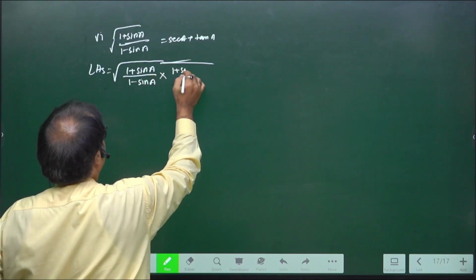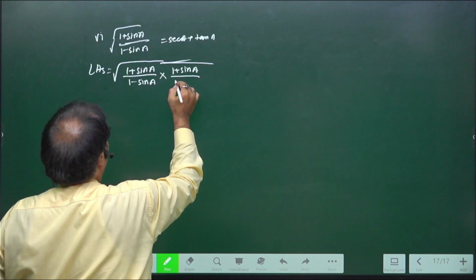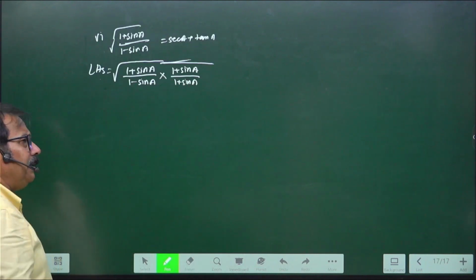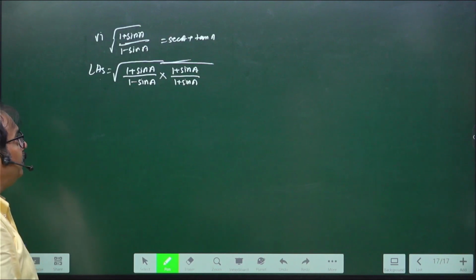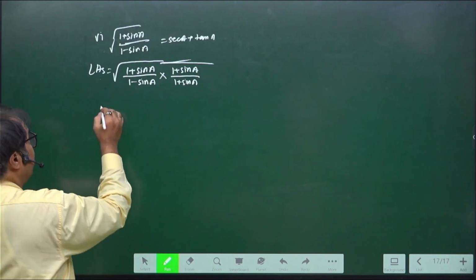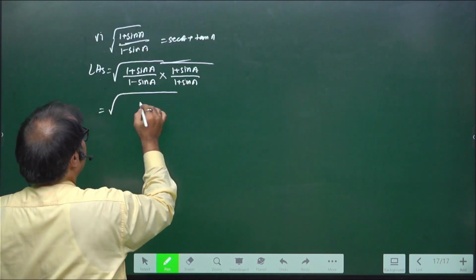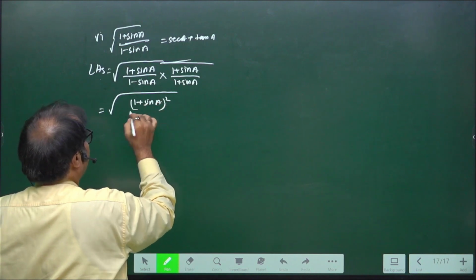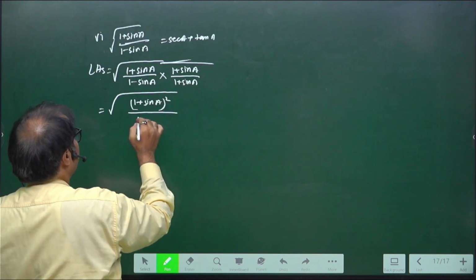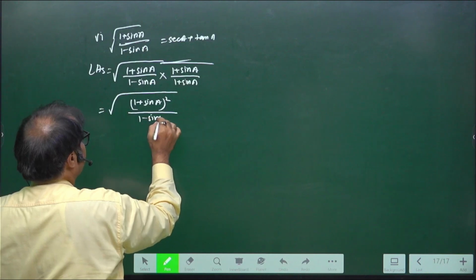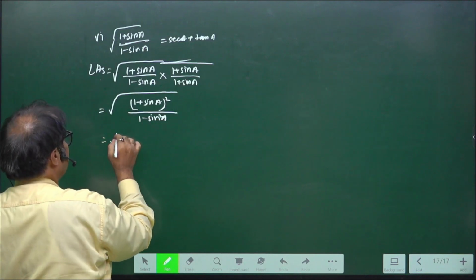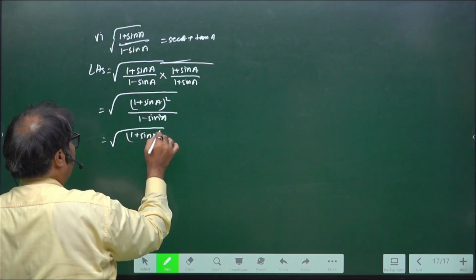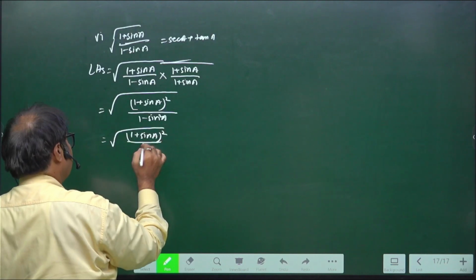So 1 plus sine A upon 1 plus sine A. After rationalizing, the denominator will always be in the form of A plus B into A minus B. So the numerator is 1 plus sine A whole square, and the denominator is A minus B, A plus B, 1 minus sine square A.